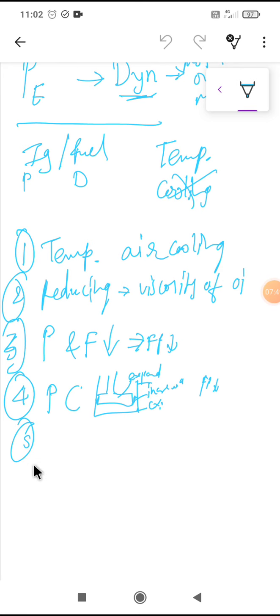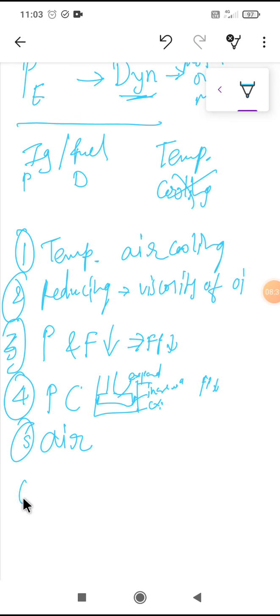So the friction loss may not be accurate, because in real-life application this air will be heated by the cylinder walls while coming inside.